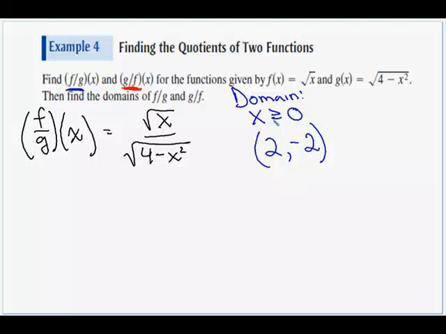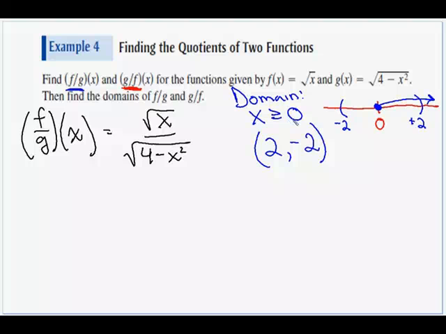So now we've got to see where these overlap. When I think about these overlapping, I always like to think about a number line. For x greater than or equal to 0, I'm going to have a colored in circle at 0, and my arrow's going positive. For the second part of that domain, negative 2 to 2 with those endpoints not included, negative 2 would be here as a parenthesis, positive 2 would be here as a parenthesis.